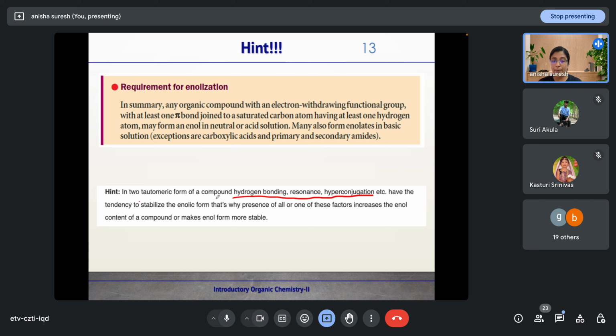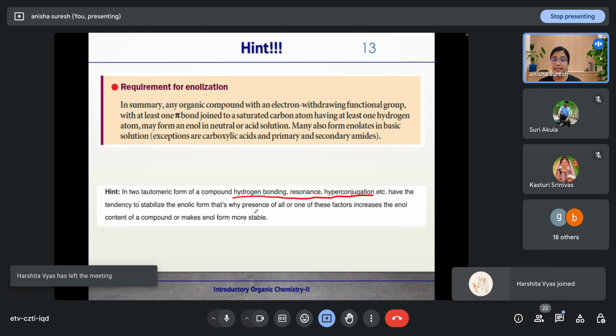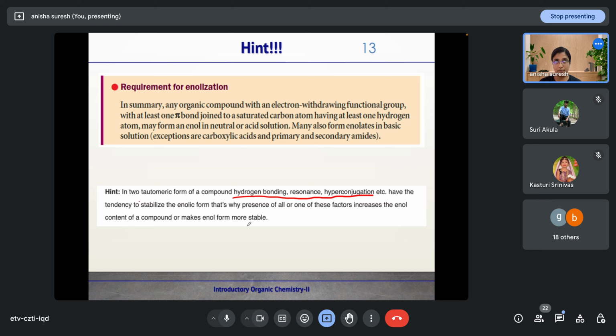In two tautomeric forms of a compound, hydrogen bonding, resonance, hyperconjugation, etc., have the tendency to stabilize the enolic form. That's why the presence of all or one of these factors increases the enol content of a compound or makes the enol form more stable. We know that out of ketone and enol, mostly it is the ketone that is favored.